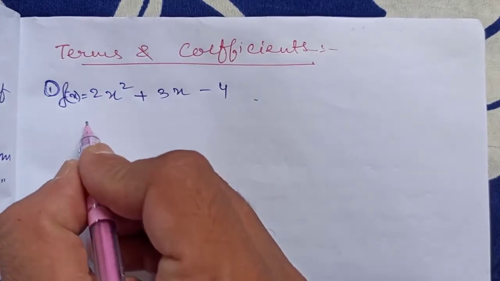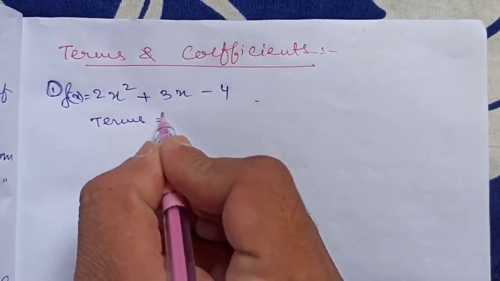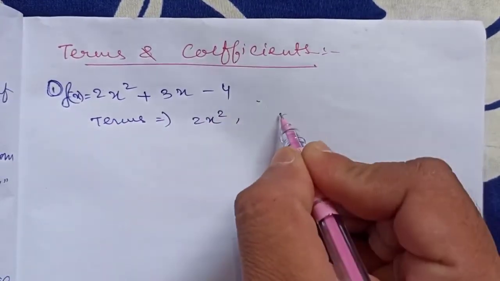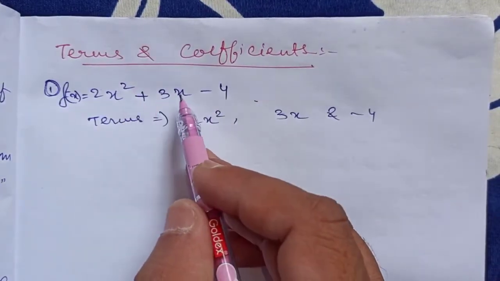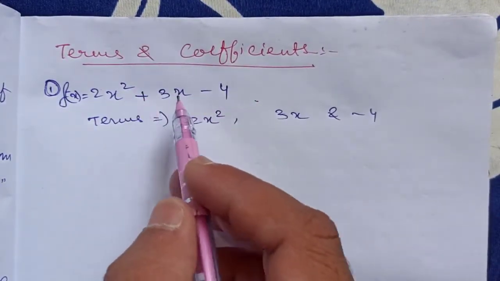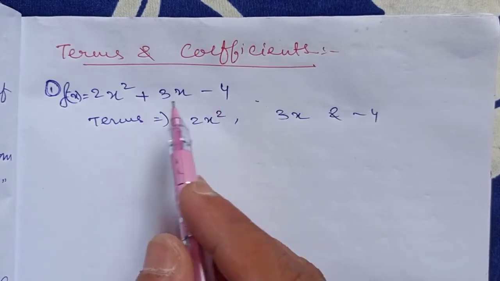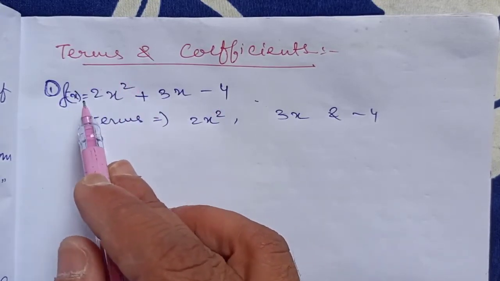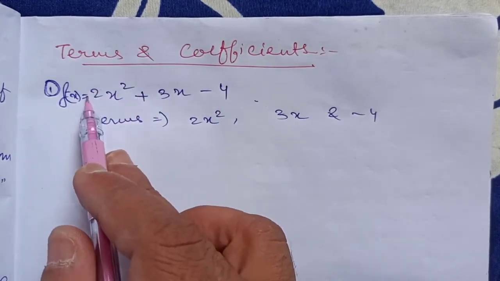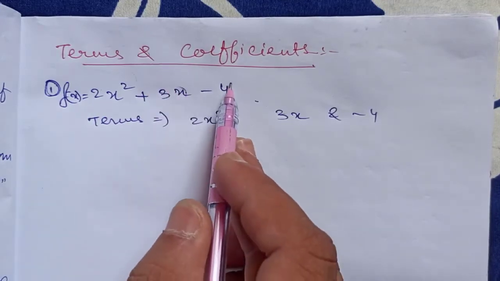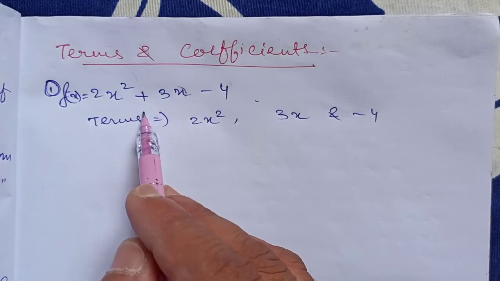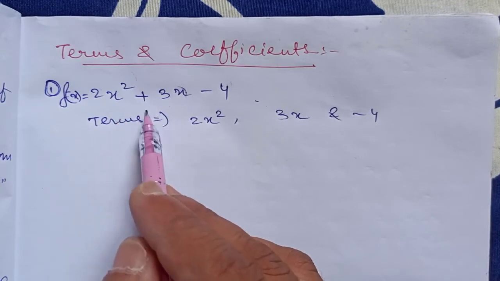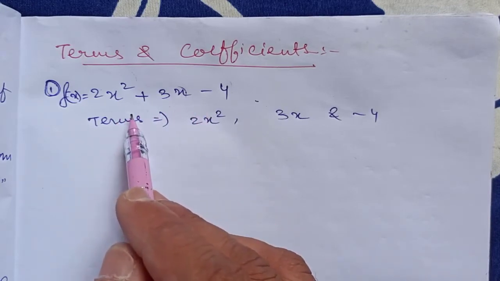Here the terms are 2x square, 3x and minus 4. These three parts, separated by an operator or sign, each become a term. This is the first term, this is the second term, this is the third term. So the terms mean that if the equation contains five smaller parts, then it has 5 terms.